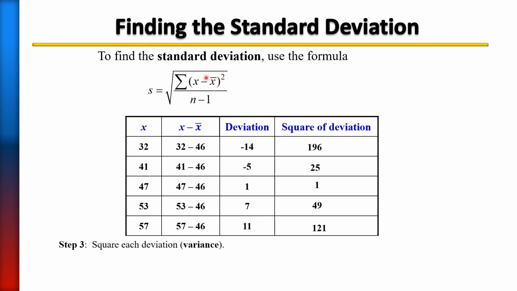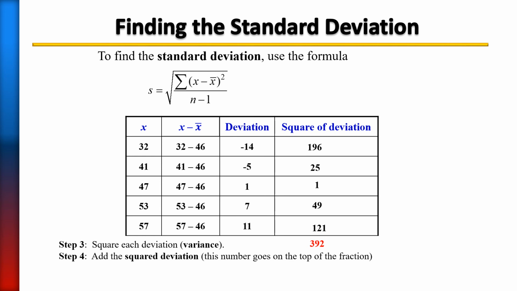And when we got that to where it was one number, our deviation, we square that number. The summation says, okay, all of those numbers, go ahead and add them together. So we're going to add that square of deviation column, which gives us 392. So we have 392 on top.